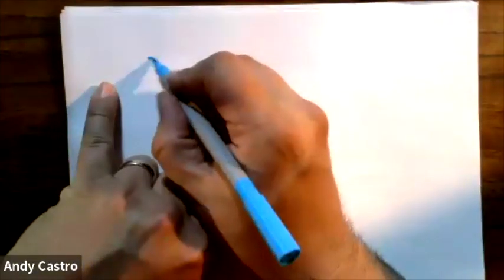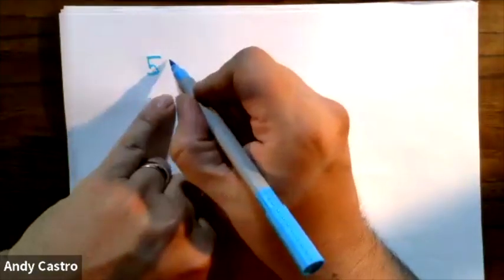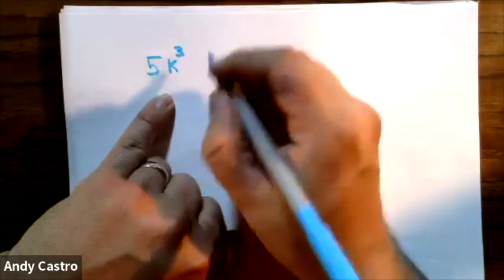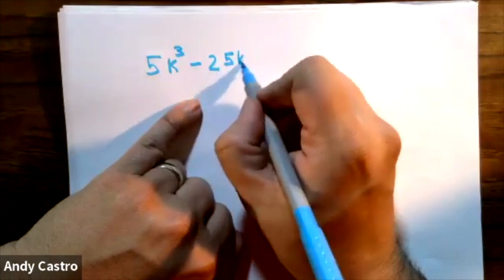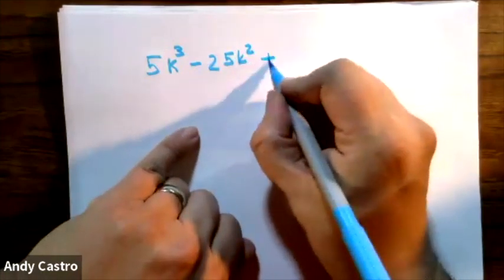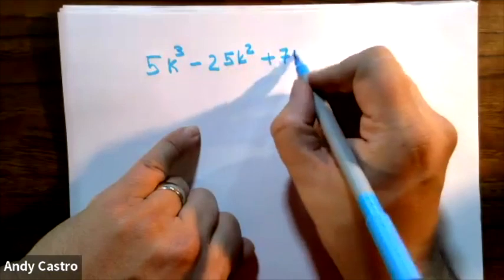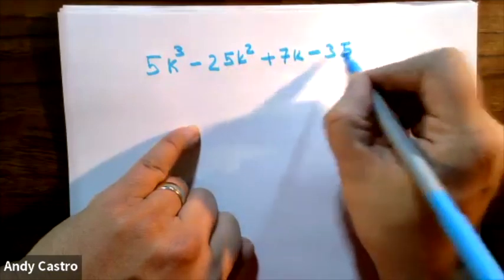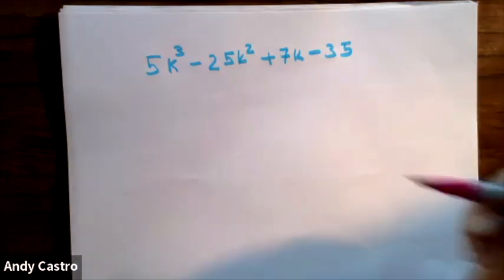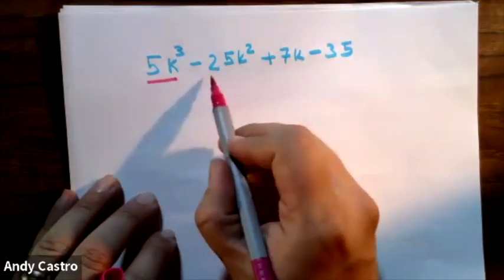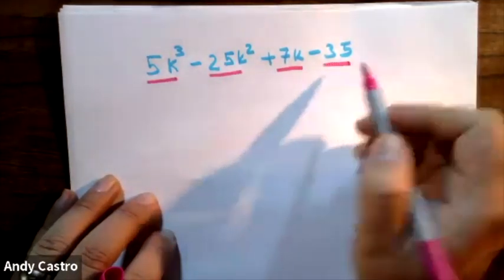All right. So when we start out with, let's say, 5k to the third minus 25k squared plus 7k minus 35. Now, this isn't a quadratic. This is a cubic. Okay, it's a four-term cubic polynomial. If you remember from when we were naming our polynomials, this is 1, 2, 3, and 4.